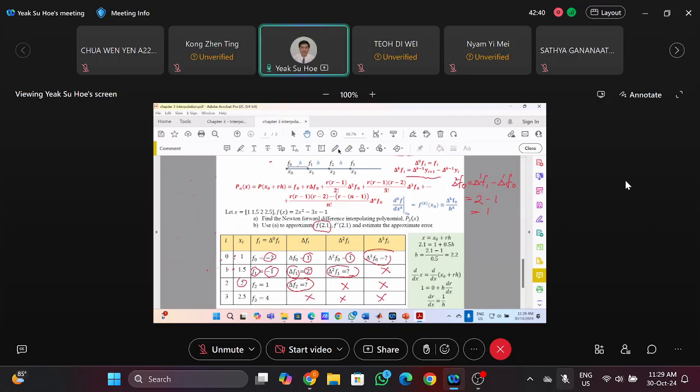Now once you get delta F0, delta power 2 F0, delta power 3 F0, then you can calculate this. You see, 1 2 3 4 terms.